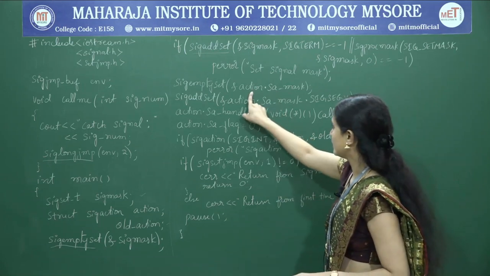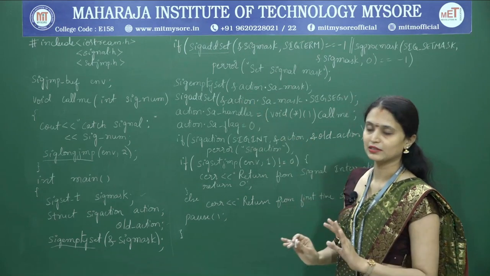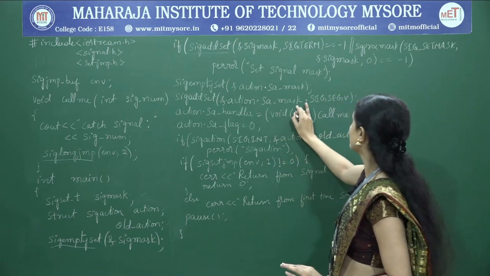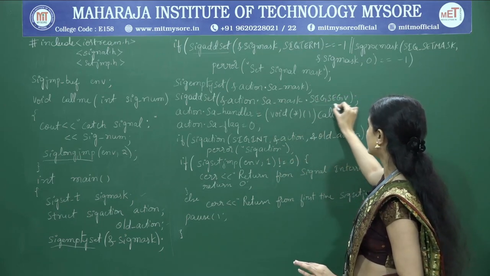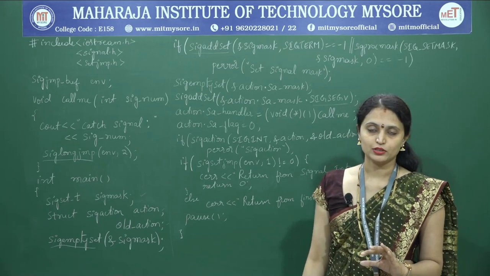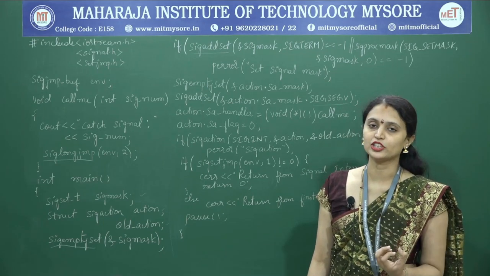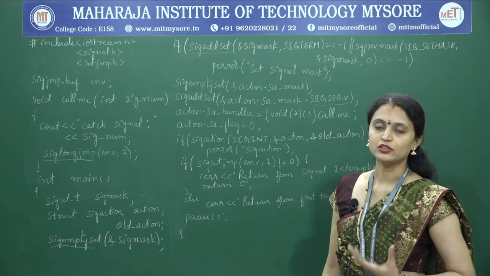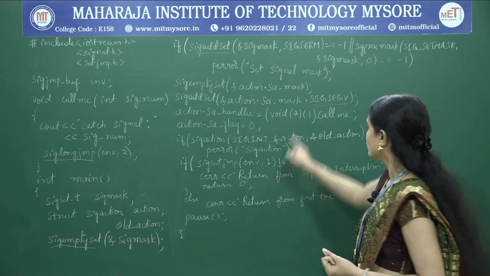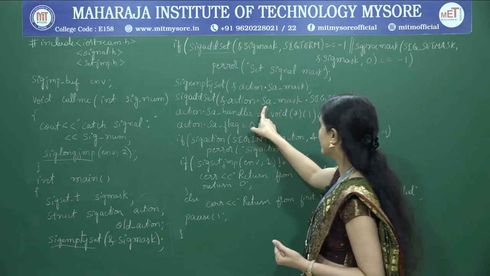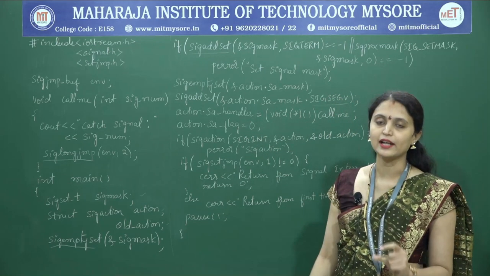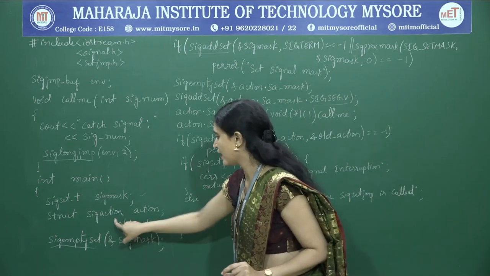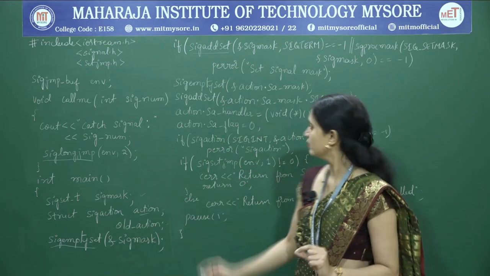So we are clearing the additional signal mask, and then we are setting this additional signal mask with the signal SIGSEGV, so it gets the default action here. This signal is for segmentation fault. So this will be added to the additional signal mask, that is sa_mask, available for this struct sigaction variable.